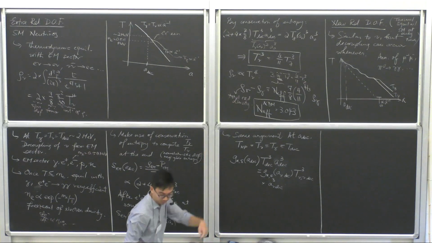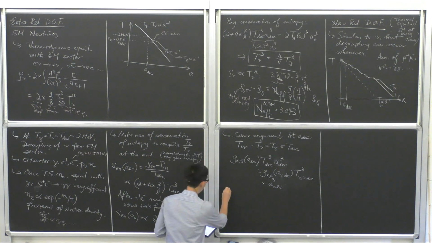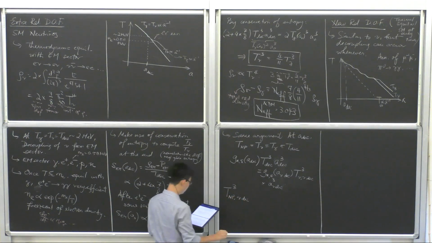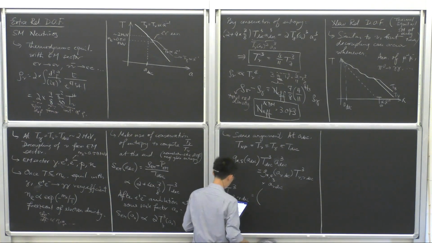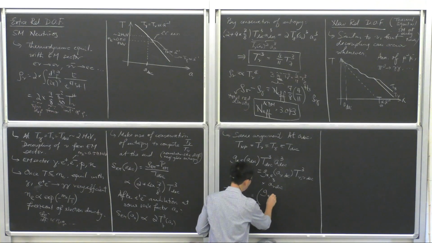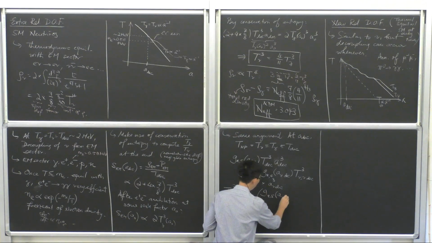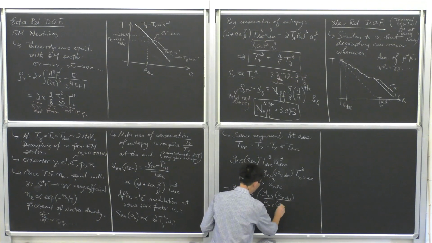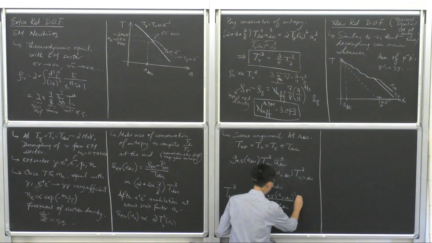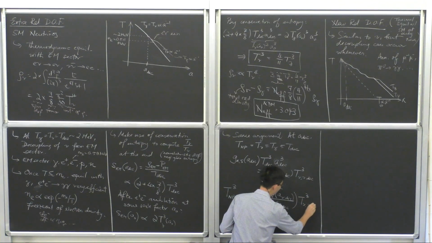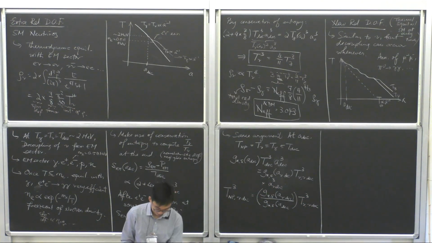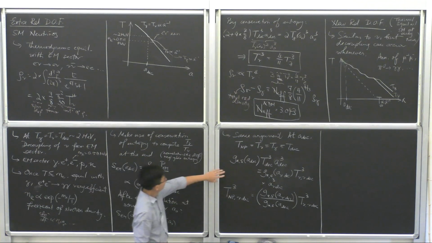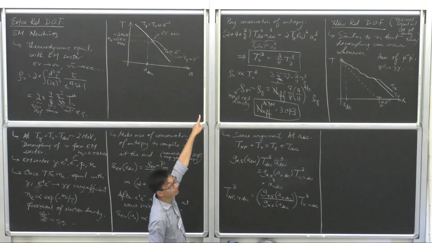And then using the same logic as before, you can see that T cubed of the new physics at new decoupling cubed is equal to the ratio of G star S at A new decoupling divided by G star S at A decoupling times T new at new decoupling cubed.